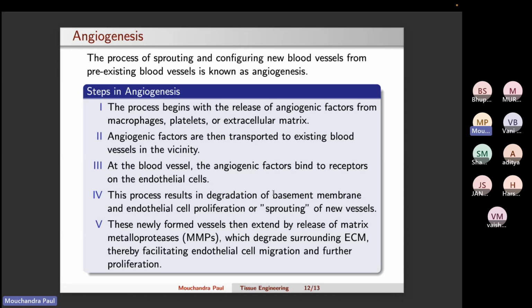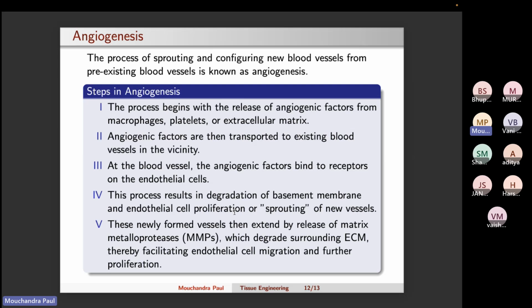How will it get degraded? These endothelial cells start secreting proteolytic enzymes, which can degrade the protein components of the basement membrane. After this degradation of the basement membrane, the endothelial cells also start proliferating.